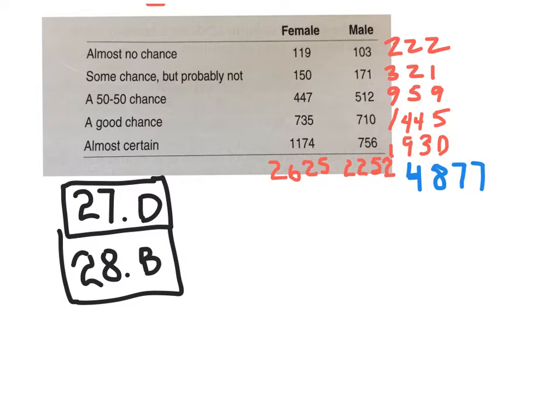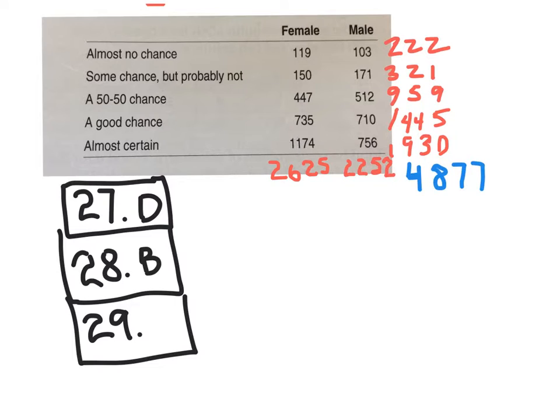Let's look at 29. What is that answer? So this one says, what percent of females thought they were almost certain to be married in the next 10 years? So this is more of a conditional distribution. And let's see, certain to be married. So we are looking at certain to be married out of the females.